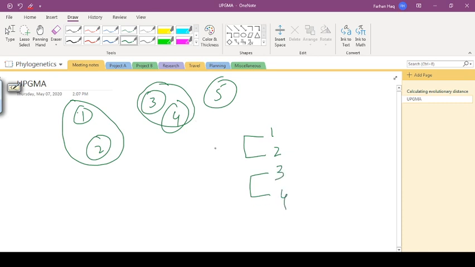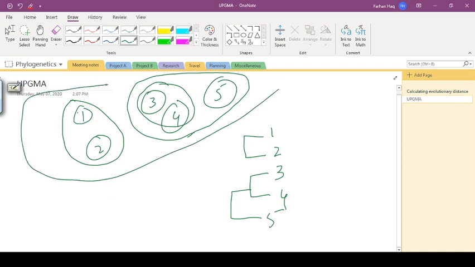Then this composite cluster is closely related to this one, so we combine them, and when all the clusters are together, that will be the last cluster, and you join the tree. This is the concept behind the UPGMA method, or most distance-based methods.